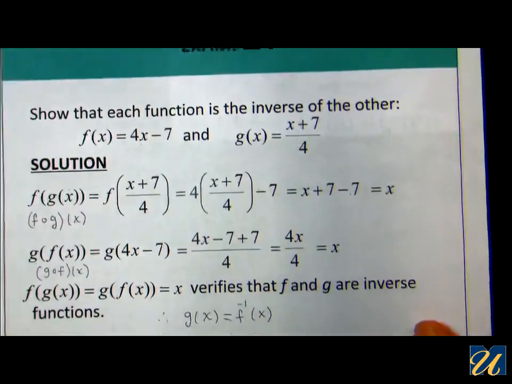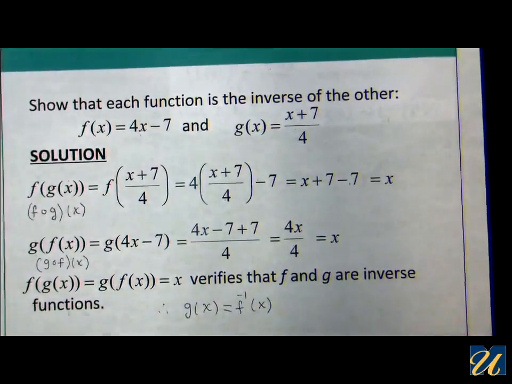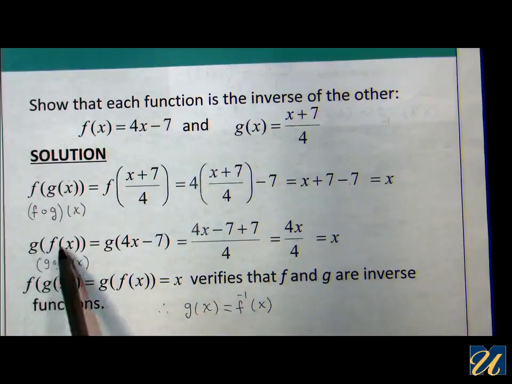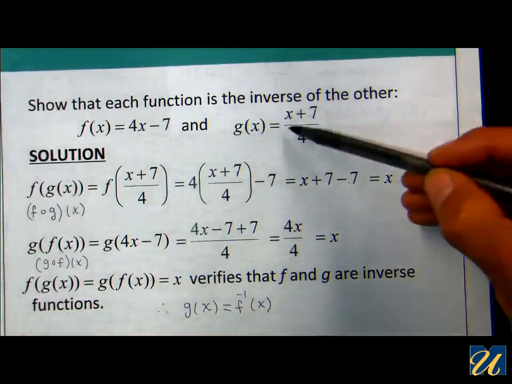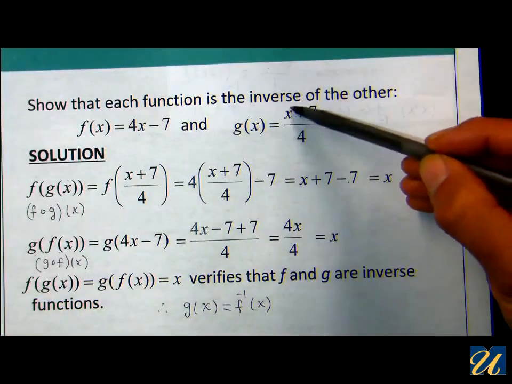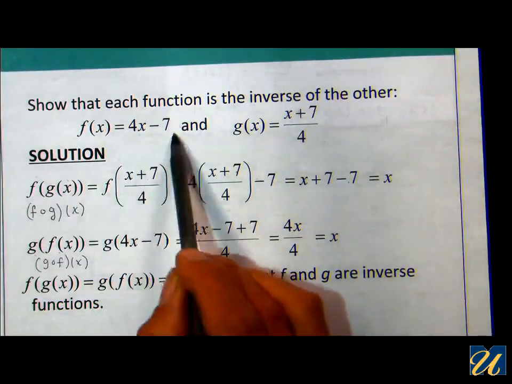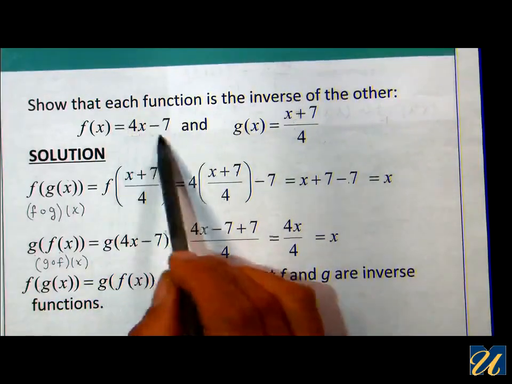Now you must compose this in the opposite direction. You must then take g of f of x, in other words, g compose f of x. So now put the f of x function inside the g of x function. So where you see an x here in the g of x function, replace that with 4x minus 7.